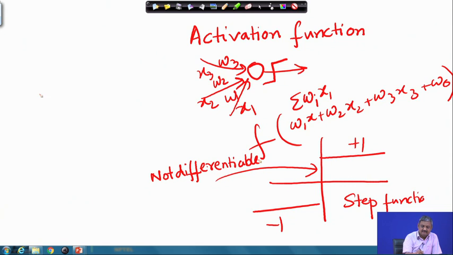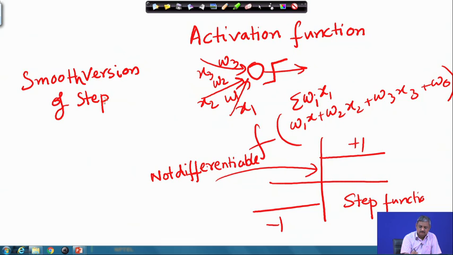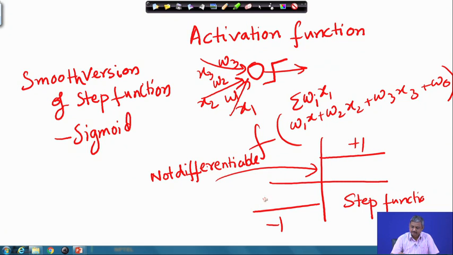So, people use a smooth version of the step function, the sigmoid function, which approximates this step by an S-like function.